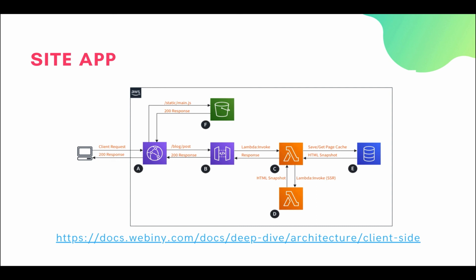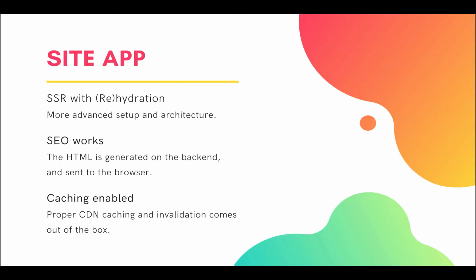So these are some of the main points of the site application and how we render that. So we are using server-side rendering with rehydration. It's a bit more complex setup and architecture than we had with the admin app. But the cool thing is that search engine optimization works this way because the HTML is generated always on the backend and sent to the browser.